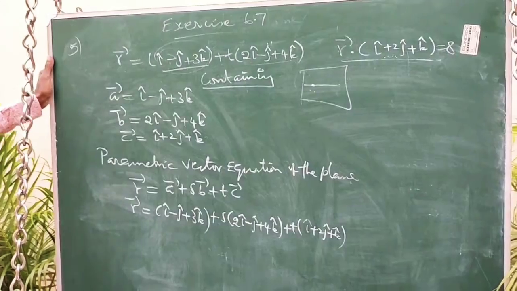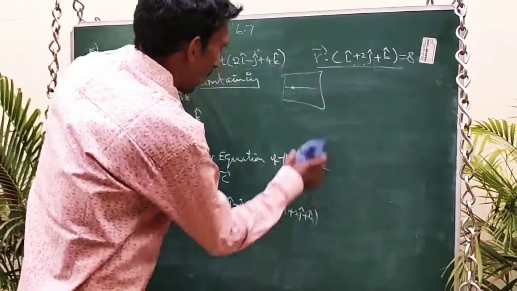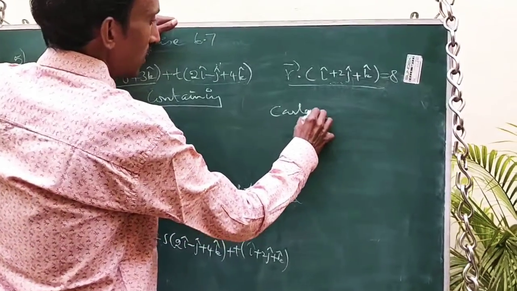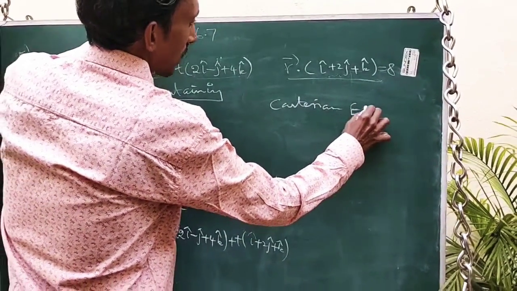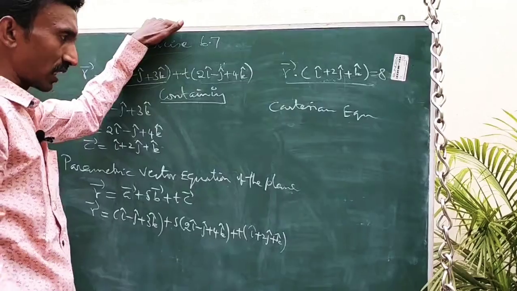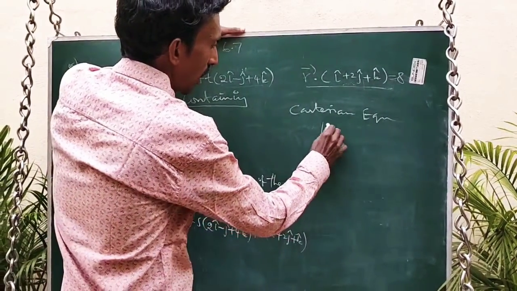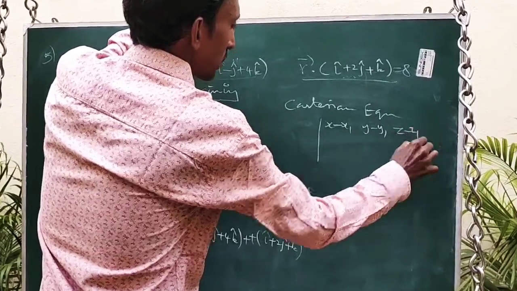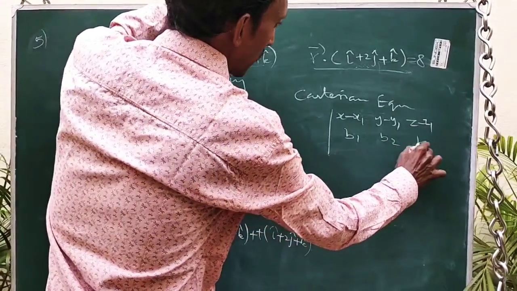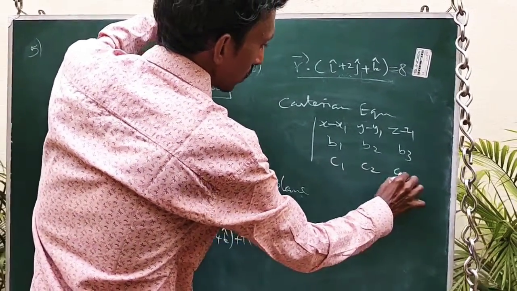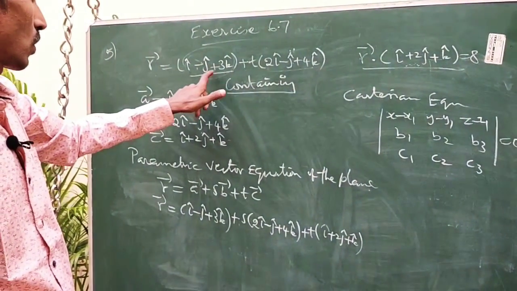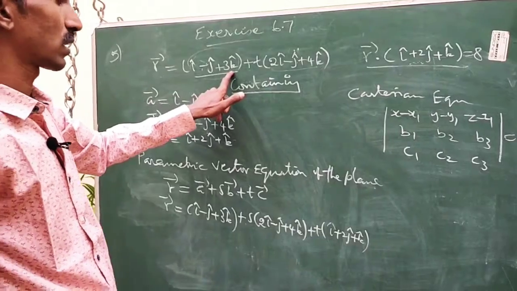Okay. So to get the Cartesian form, use the determinant method. So Cartesian equation. We know the formula. Just recall the formula. Determinant x minus x1, y minus y1, z minus z1, b1, b2, b3, c1, c2, c3 equal to 0. So 1 comma minus 1 comma 3 is x1, y1, z1.